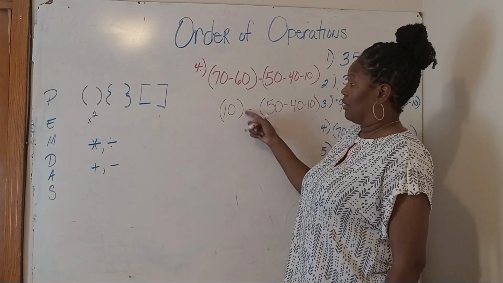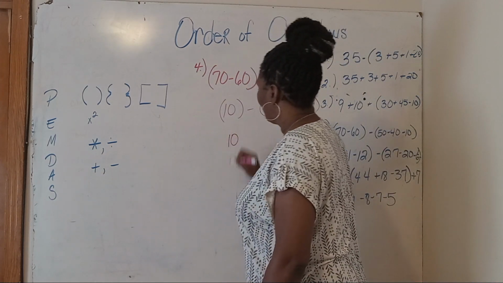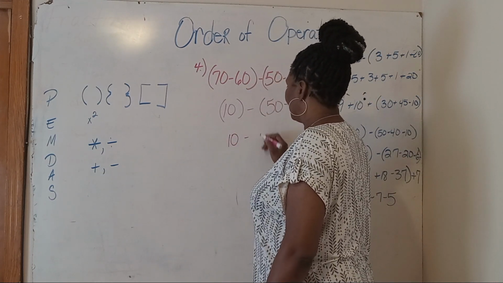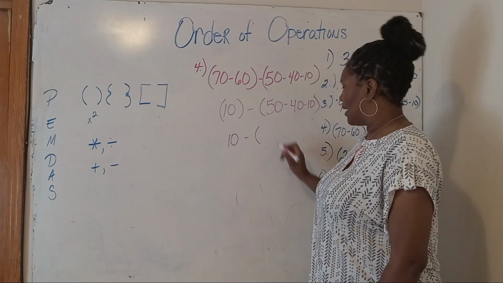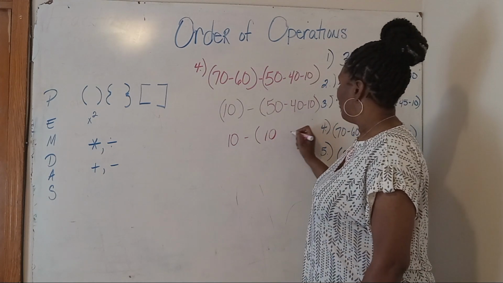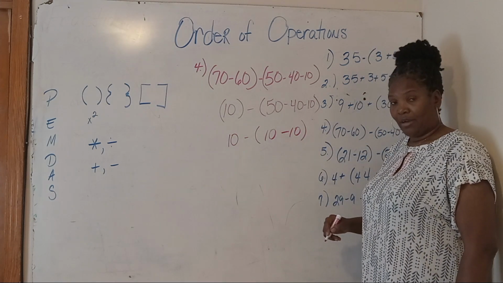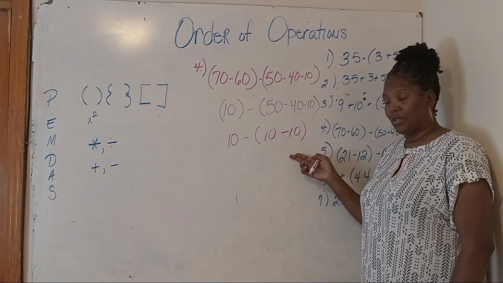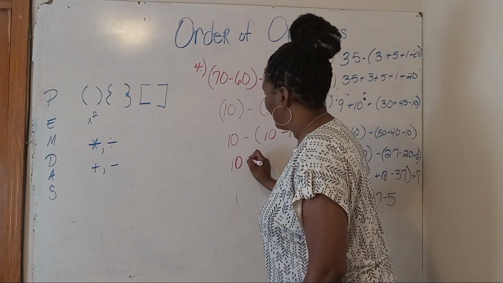So now, 10 is the only number in parentheses, so I can just take it out of the parentheses. 10 minus, what's 50 minus 40? That's 10. Good deal. Minus 10. All right? These numbers are still in parentheses. And this is not in the parentheses anymore, so we're just going to bring it down.